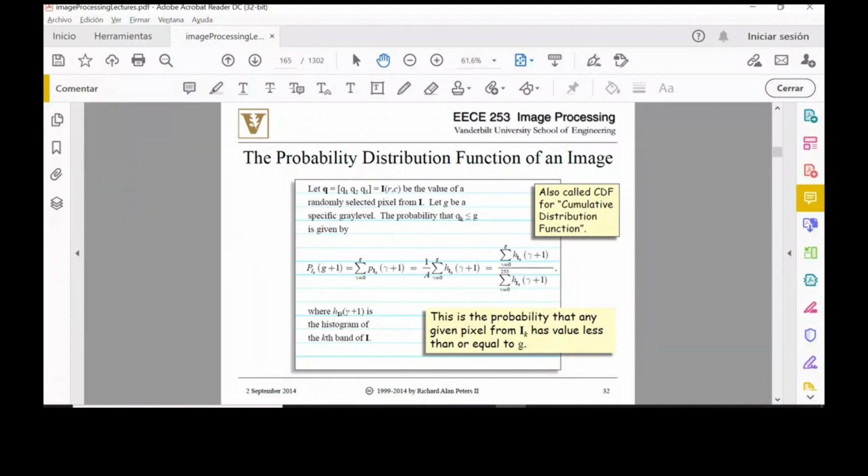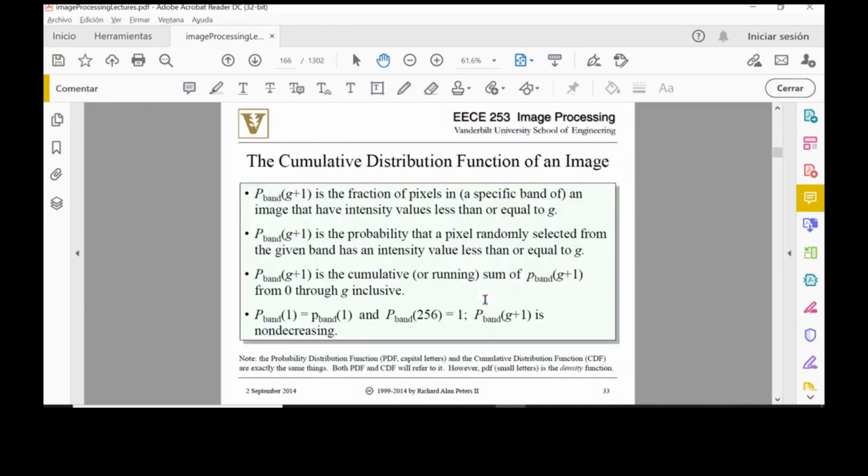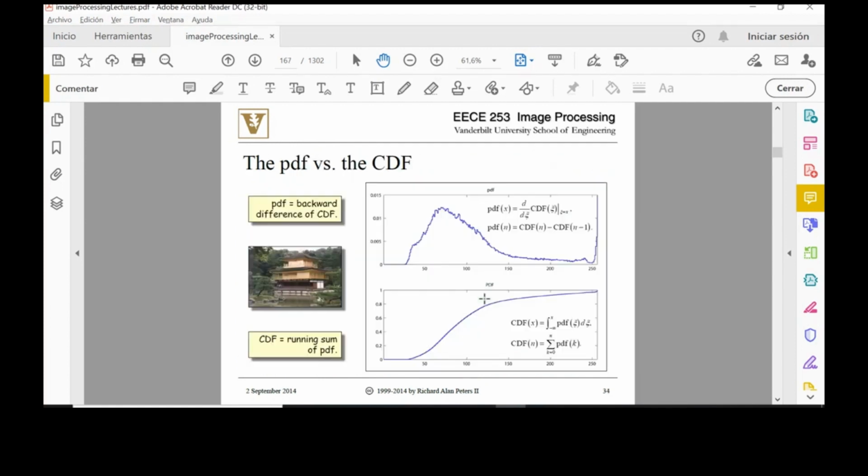And this is called the cumulative density function, cumulative distribution function. Okay. Clear so far? Okay, good. So this is just a little bit of text about the cumulative density function.